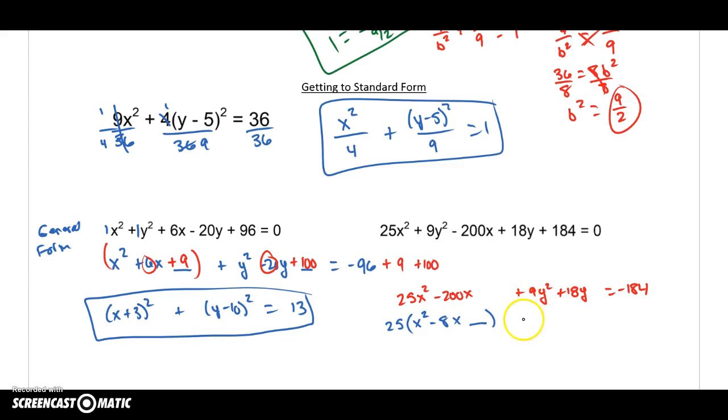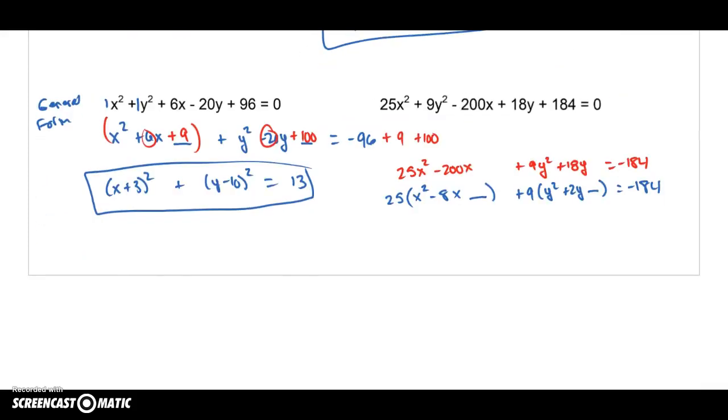So I'm only going to factor out 9 here, not 9y. I'm going to leave y squared. Okay, now within the parentheses, take half of negative 8 is negative 4, squared is plus 16. Take half of positive 2, which is 1, squared, it's 1.